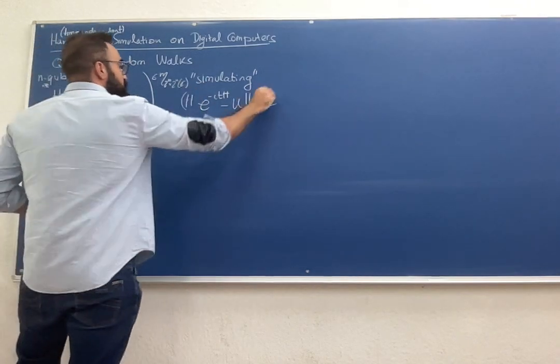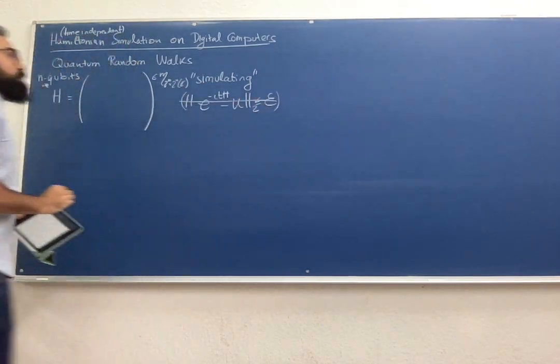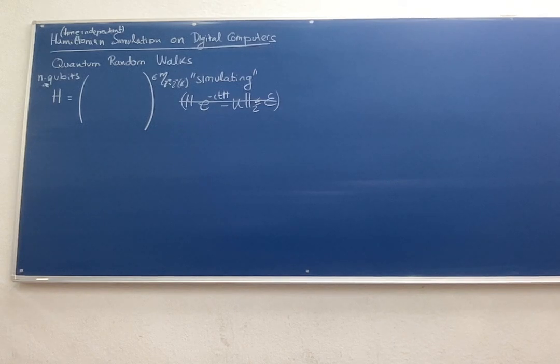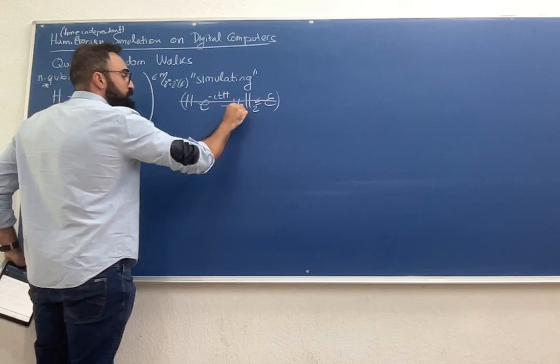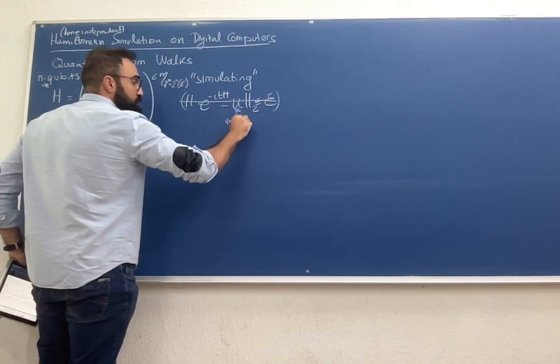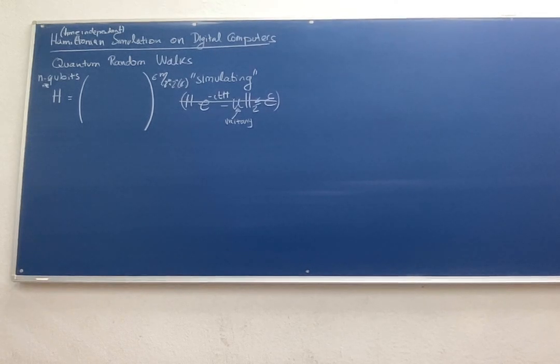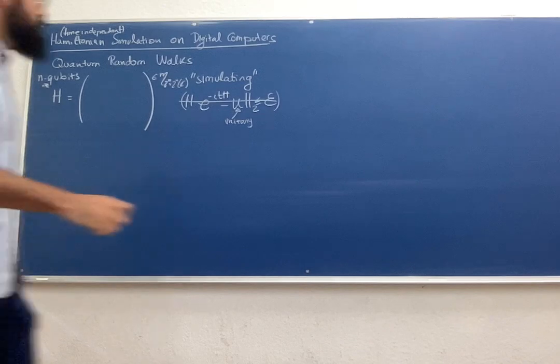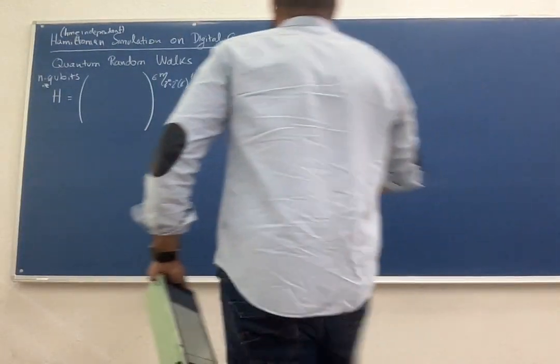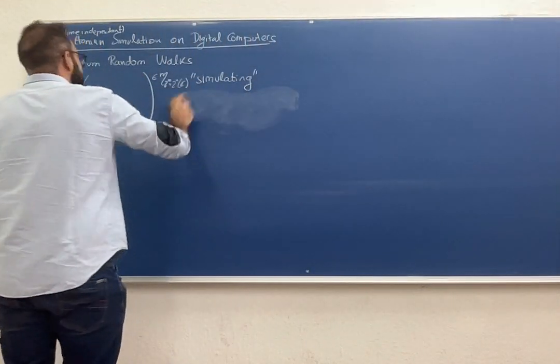But forget about this today, we're not going to go that far. What's U? A unitary. This is what we want to implement. This is the unitary that is going to approximate the exponentiation of the Hamiltonian. But we are not going to implement this unitary today, or at least not the whole unitary.